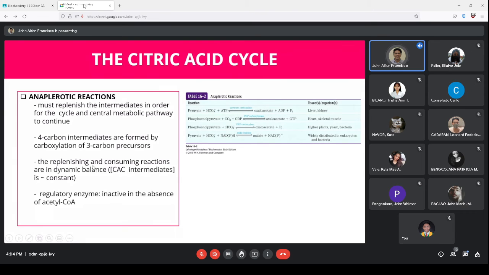The replenishing and consuming reactions are dynamically balanced. CAC intermediate is at constant concentration. Regulatory enzyme inactive in the absence of acetyl-CoA. Kapag walang acetyl-CoA na napoproduce, hindi magpoproduce yung mga anaplerotic reactions ng oxaloacetate kasi masasayang lang yung oxaloacetate.